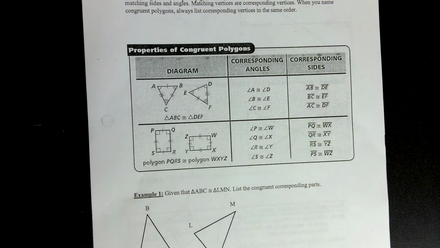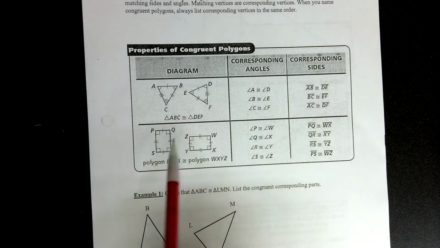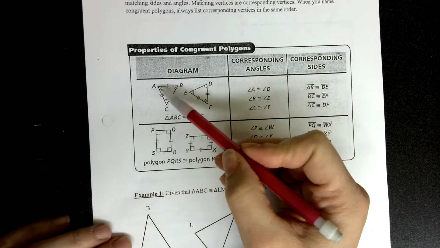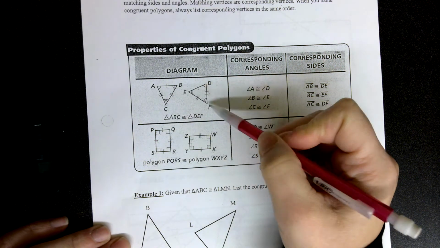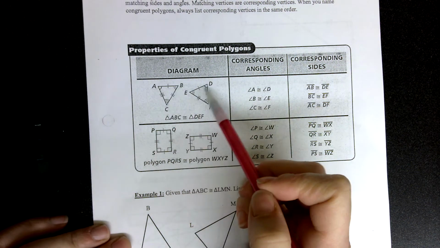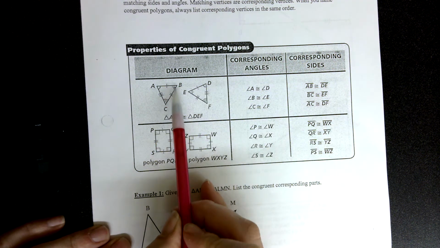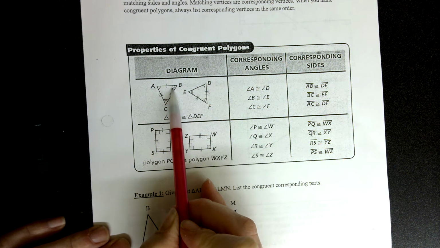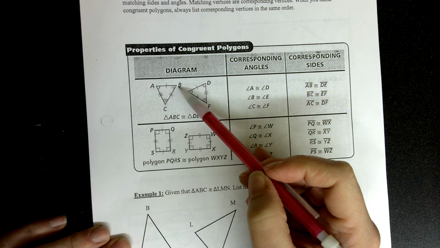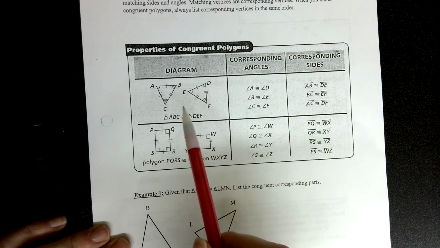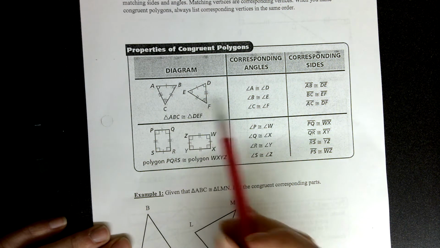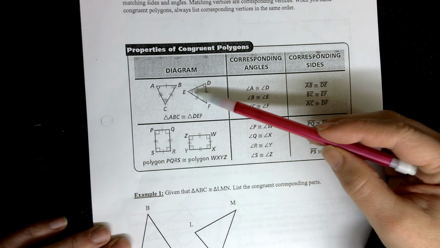So if you look at the diagram, the way that they're marked, see how this has the one angle mark. So angle A is congruent to angle D. This has the two tick marks here, so angle B is congruent to angle E, and C is congruent to F, and then the sides are labeled too with the tick marks.